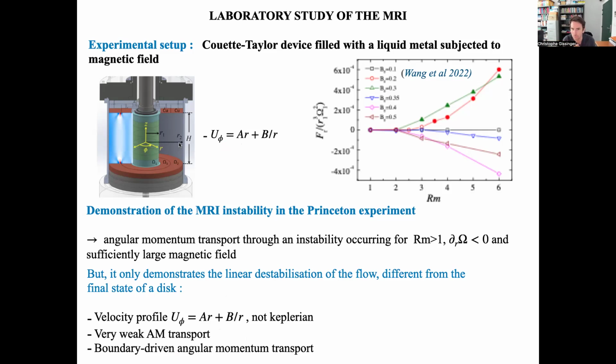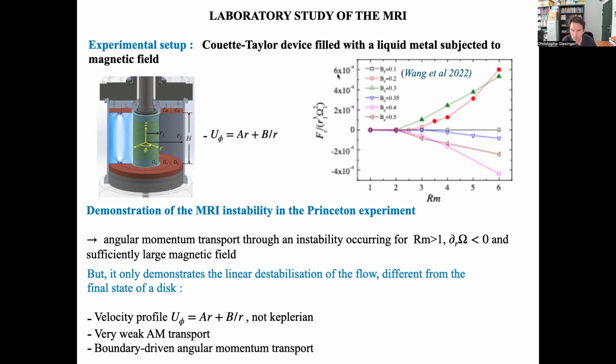That's the first point. The second point is that, as I said, it's a very good achievement. It's been extremely hard to reach the onset for the MRI in this laboratory experiment because it requires very high rotation of the cylinders. And for this reason, they can only go a little bit above the onset for the MRI.